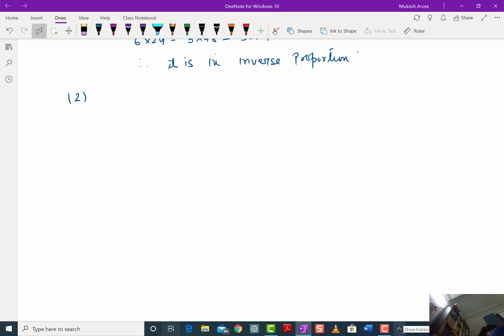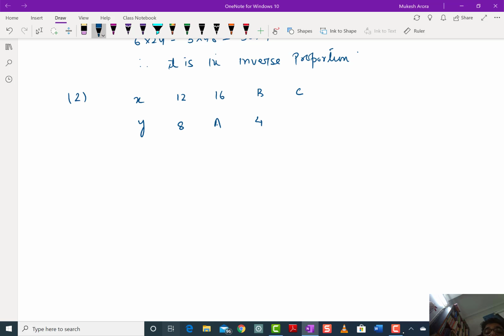Second sum, we have to find the missing value. The missing values are in x and y. It is 12 and 8, 16 and a, b and 4, c and 16, and 48 and d.